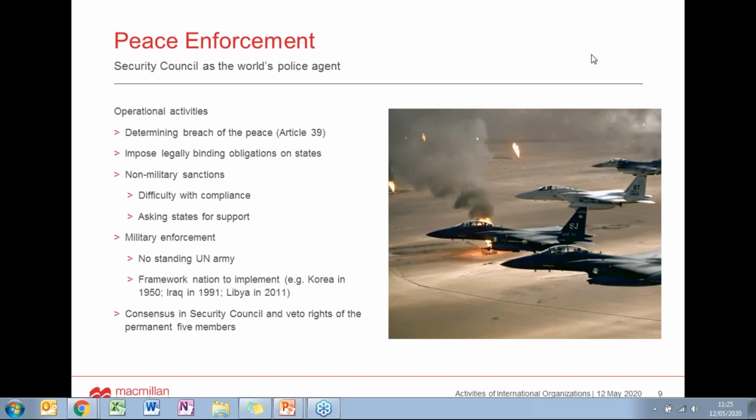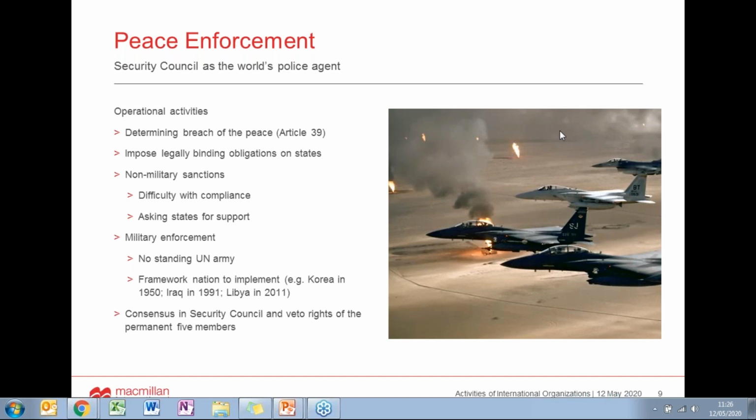Some of the points that I've made is that the UN, in terms of the area of peace enforcement, has a number of operational activities as well, ranging from simply issuing a resolution imposing legally binding obligations on states to sanctions and military enforcement. And now the problem for the UN is that, first of all, when it comes to sanctions or military enforcement, it does not necessarily have the means to do so.